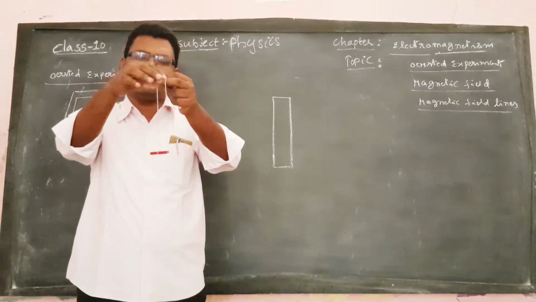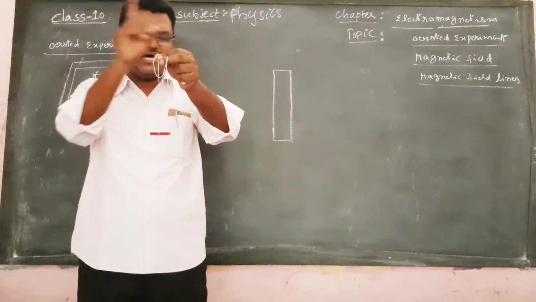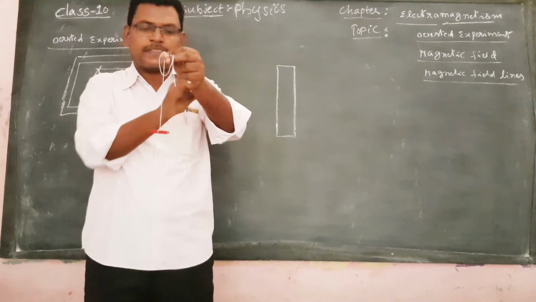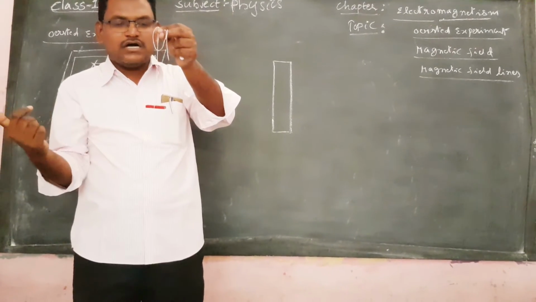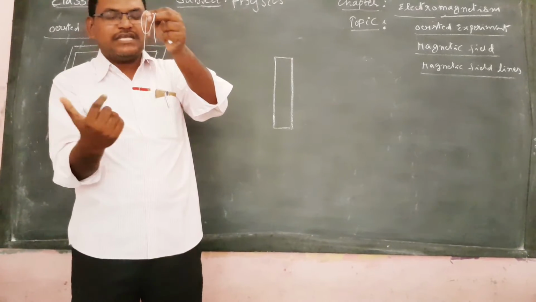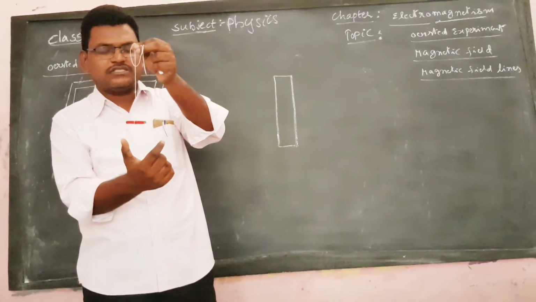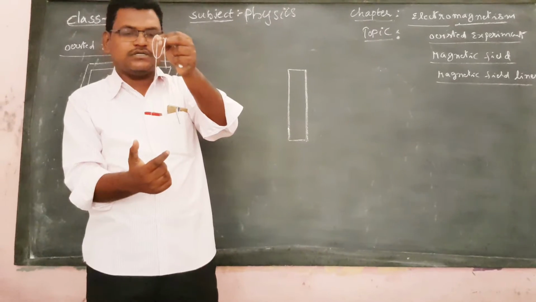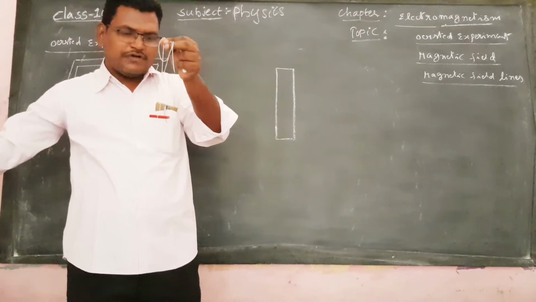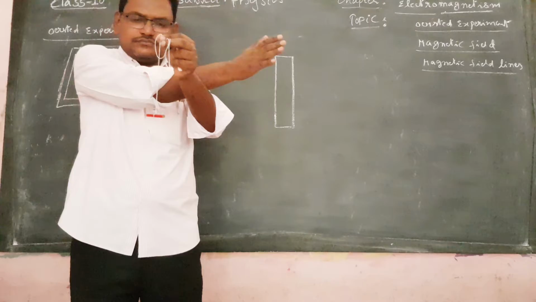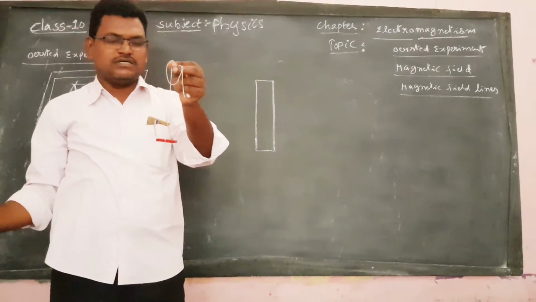Here also, this magnet is aligning in the direction of the magnetic field of the earth. What is the direction of the magnetic field of the earth? That is from the north pole of the earth to the south pole of the earth.